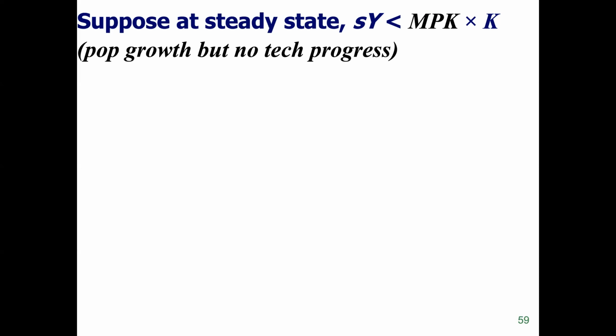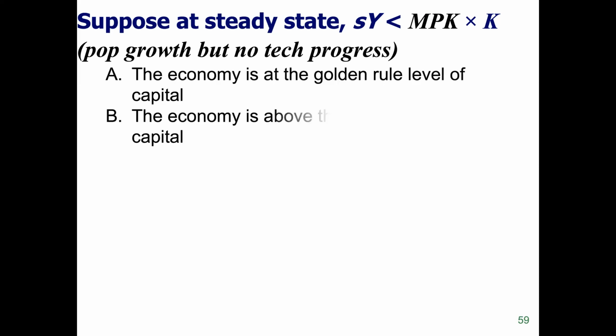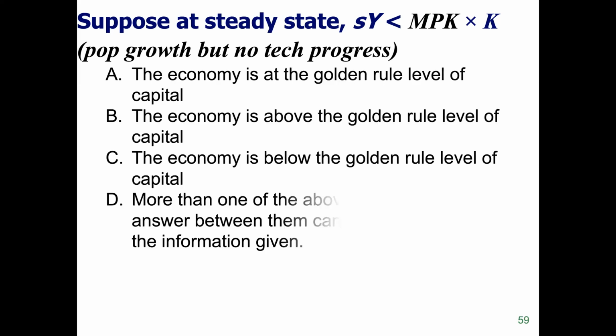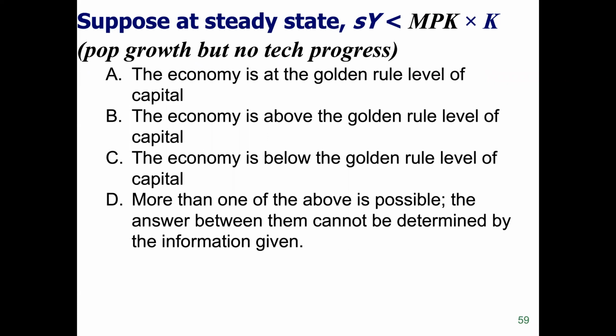Where are we at? At the golden rule, above the golden rule, below the golden rule, more than one of the above is possible. Now, this is actually quite hard. Do your best here. You'll learn more by trying, but this is extremely difficult. If you can get it, that's really impressive. Stop the video and answer.